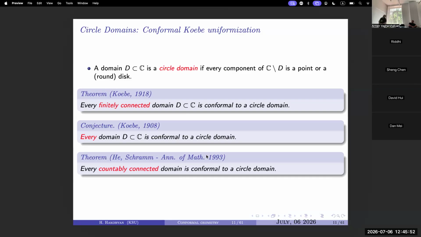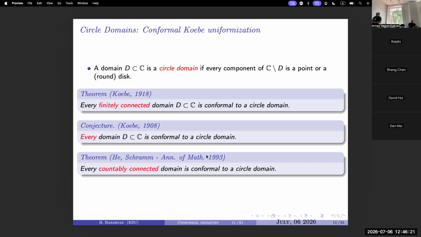Here's an example: imagine you have a circle, and then you have points, and maybe other circles converging to it. You can think of this topologically as something equivalent to a Cantor set. The complement of this would be an example of a circle domain.